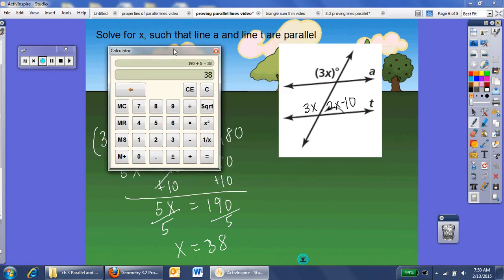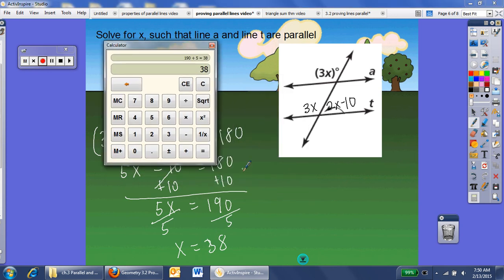As before, let's check in case we made any errors in this problem. So 3x, we can write that here. 3 times 38 gives us 114. In this case, 2 times 38 minus 10 is 66.